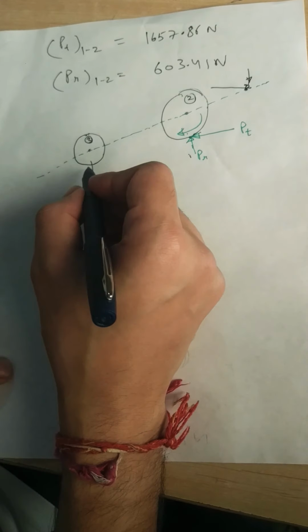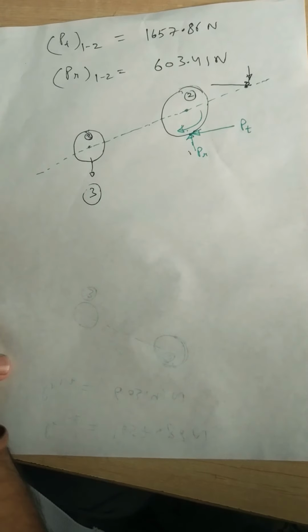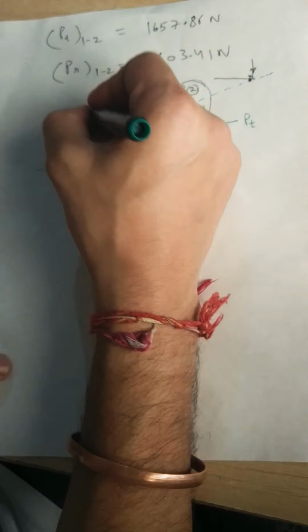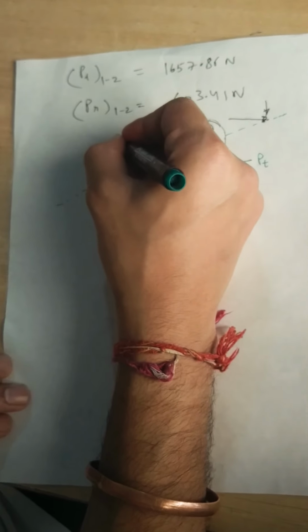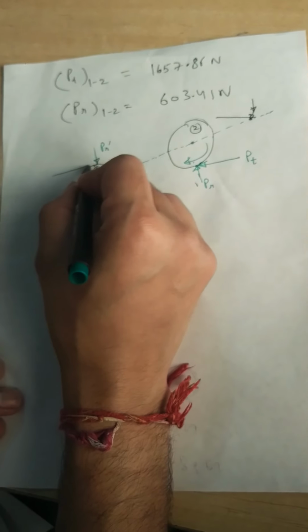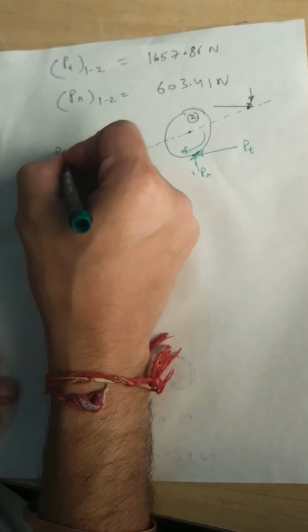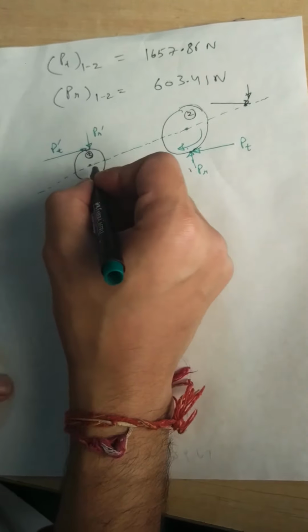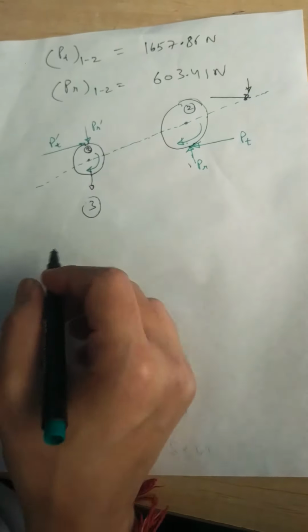Same way in this gear, force PR dash will act like this and PT should act like this, then only this gear will rotate in clockwise direction.